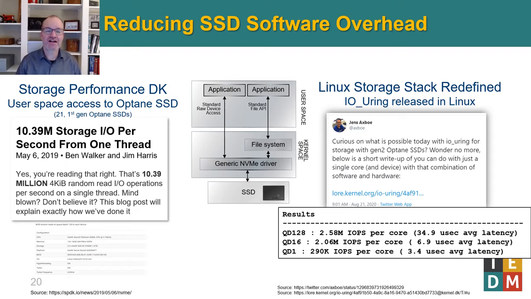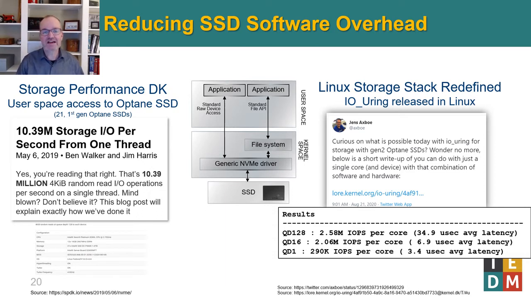That's a shockingly high number. What the Storage Performance Kit allows you to do is shortcut that stack diagram that I showed you, take that generic NVMe driver, move it up into user space, and now you don't have to go through the operating system to get to the SSD. It's one example of a way to get to a very fast SSD with much lower latency and much lower overhead.